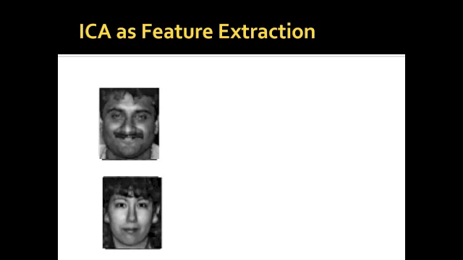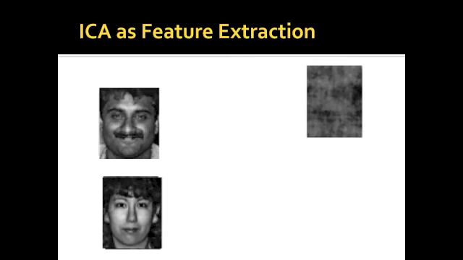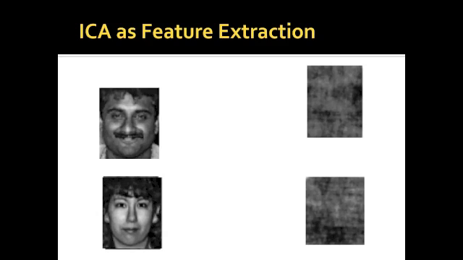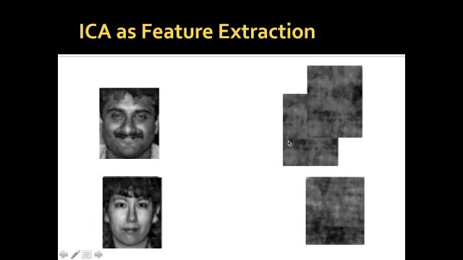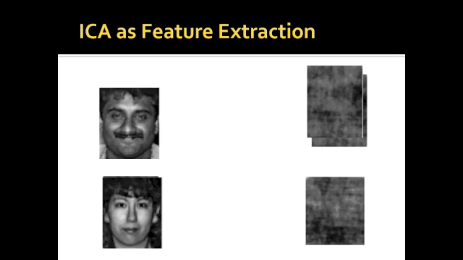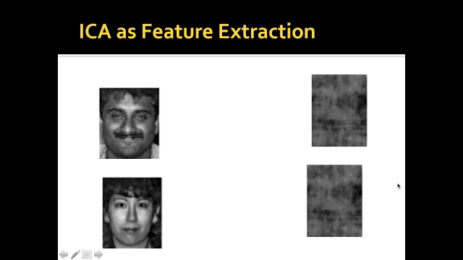Let's show that with an example. Let's get this guy and this woman and extract their phase spectrum and amplitude spectrum. Take the guy's phase spectrum here and amplitude spectrum here. Likewise, let's extract the woman's phase spectrum on the guy's amplitude spectrum and her amplitude spectrum on the guy's phase spectrum, and combine them.